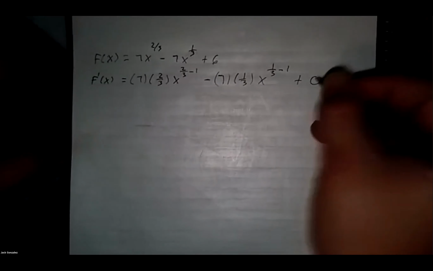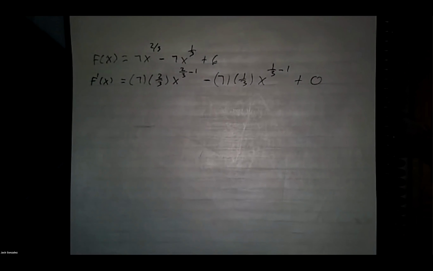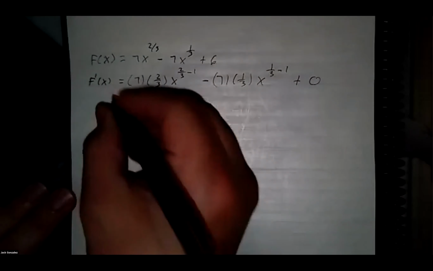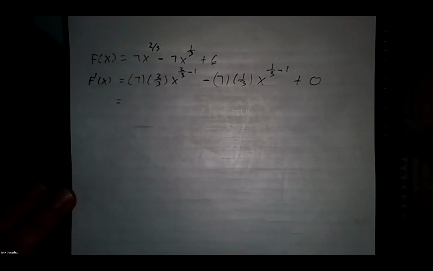The 6 is gone. So what's 2/3 minus 1? It's going to be negative, right?